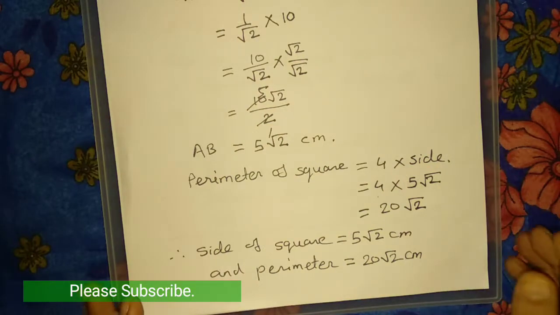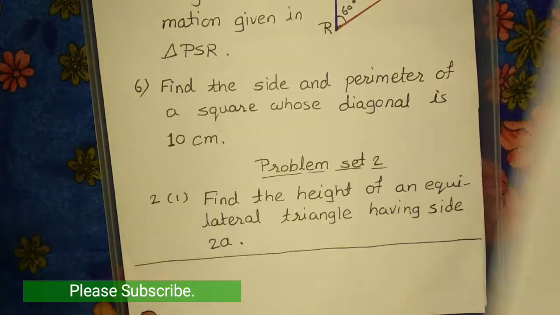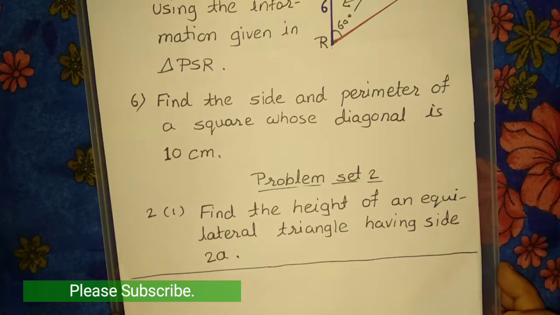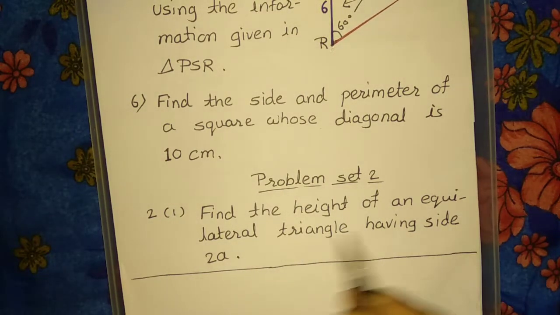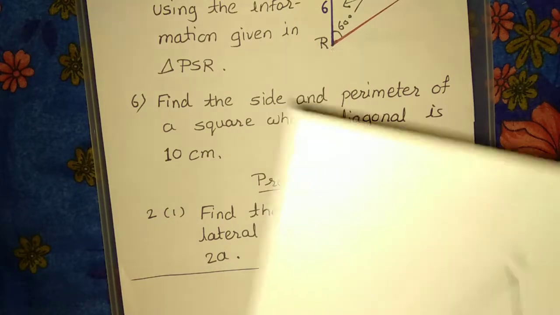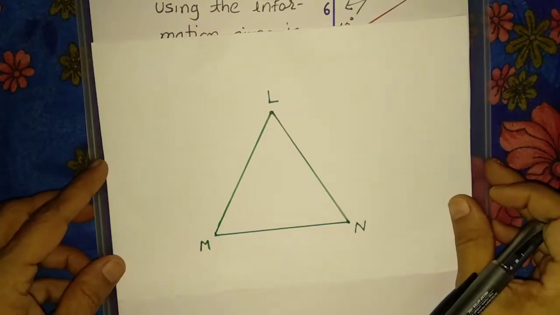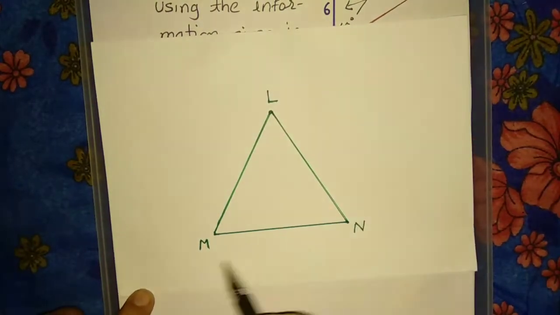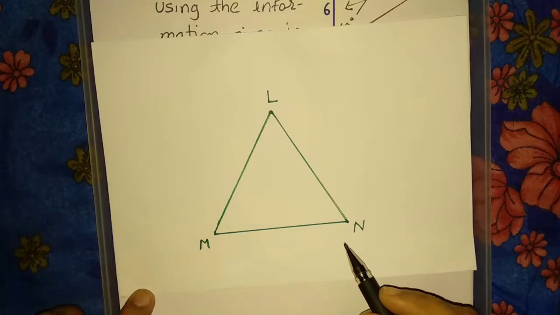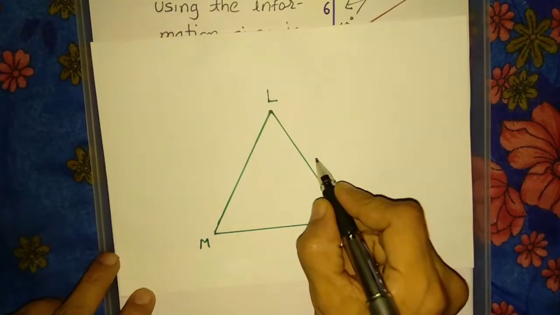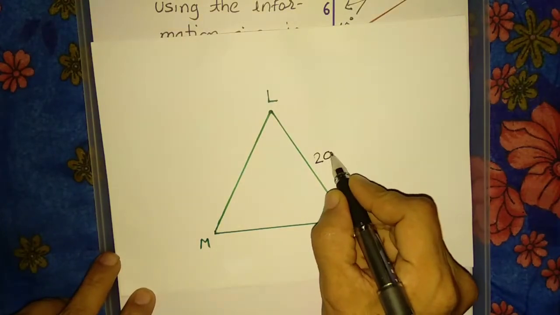Now we will see third and last question. The question is, find the height of an equilateral triangle having side 2A. क्वेश्चन सॉल्व करने के लिए यहाँ पर हमने इक्विलैटरल ट्रायंगल बना कर लिया है, ट्रायंगल LMN. साइड इसका दिया हुआ है 2A.